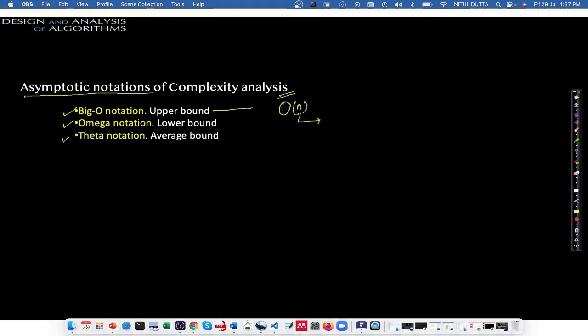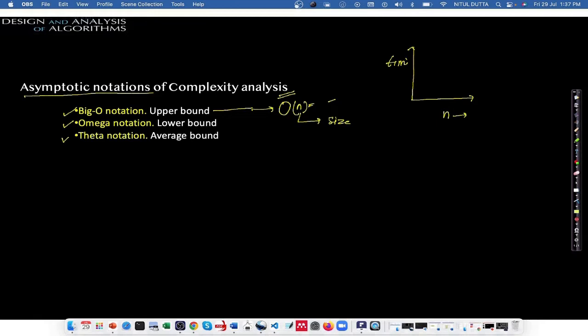This n represents the size of the input, and this big O represents the upper bound of the time required to complete the algorithm. So what does that actually mean? Suppose that we have plotted the time required with respect to the input size n. Normally, as n grows, the time increases.